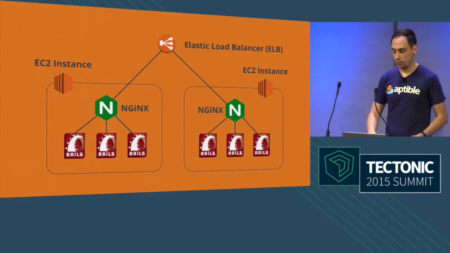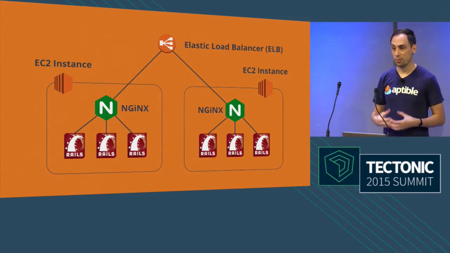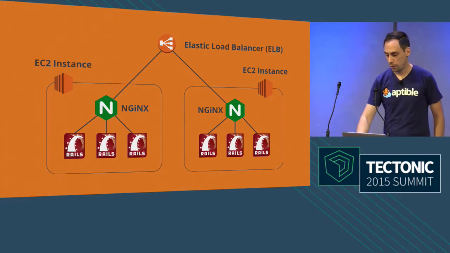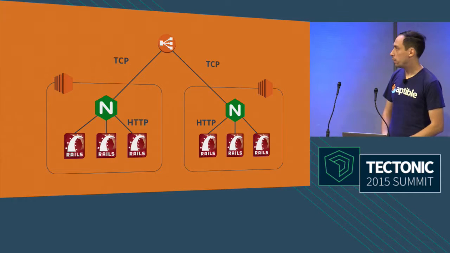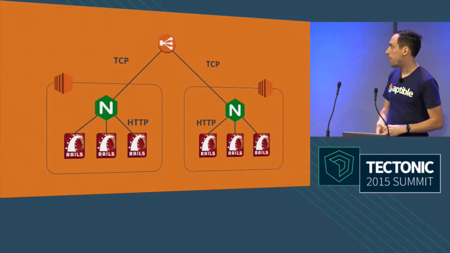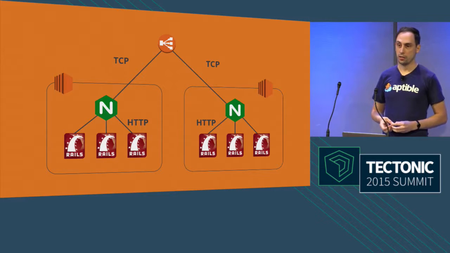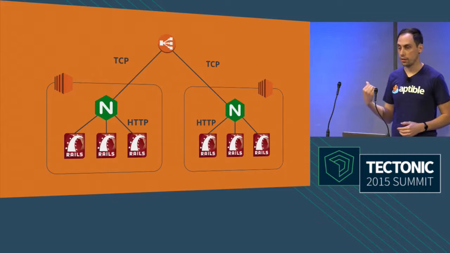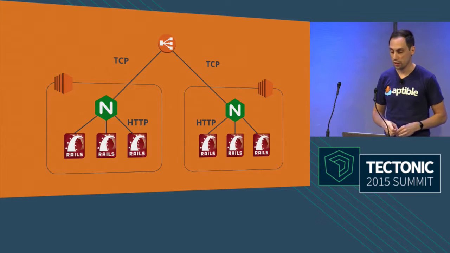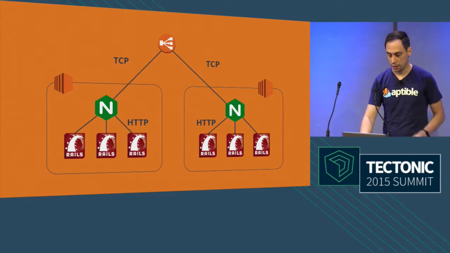And in order to minimize the number of places where we have to deal with SSL termination, we just pass through the HTTPS requests as plain TCP traffic from elastic load balancers that AWS manages to Nginx containers that we run on the same instance as the customer application containers. So we're only terminating SSL in one place at these Nginx containers.